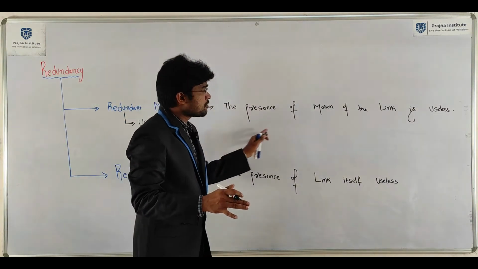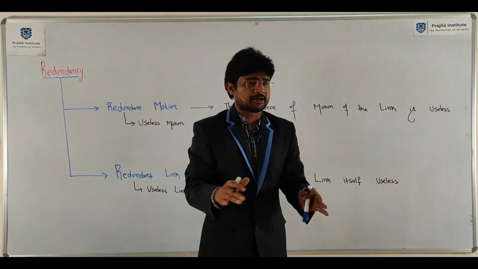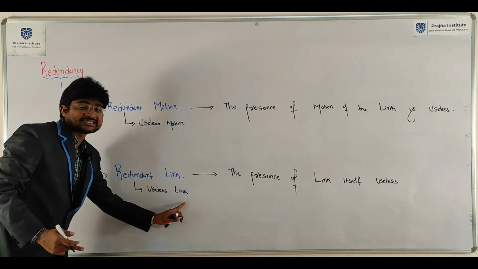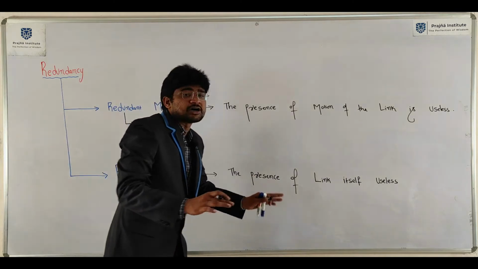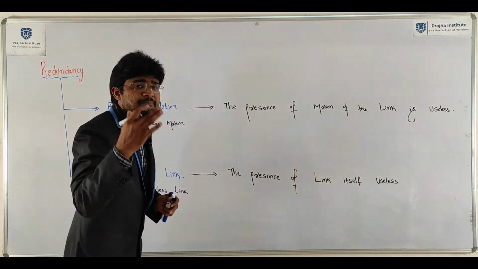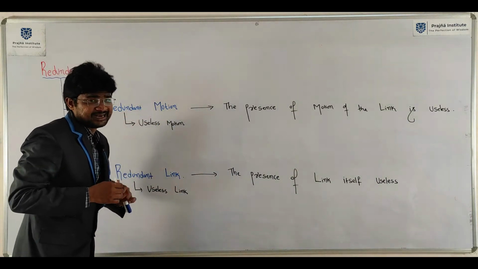The presence of motion of a particular link is useless. And redundant link means useless link. The presence of the link itself is useless. That is the meaning of redundant motion and redundant link.